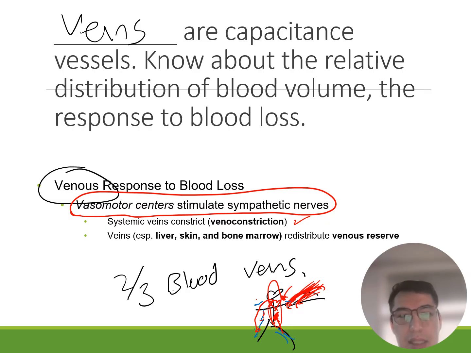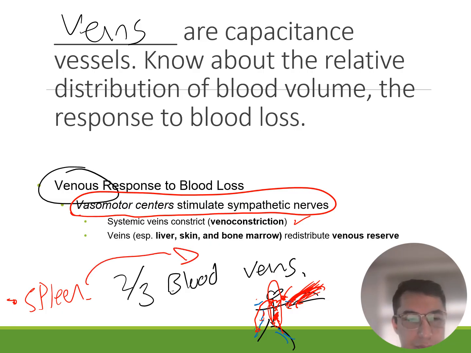Oftentimes it is happening to redistribute the venous reserve, where we have very bloody organs such as the spleen, that has a lot of blood, so we can constrict that and rush that blood into the arterial system.